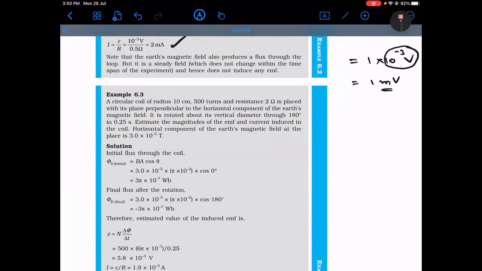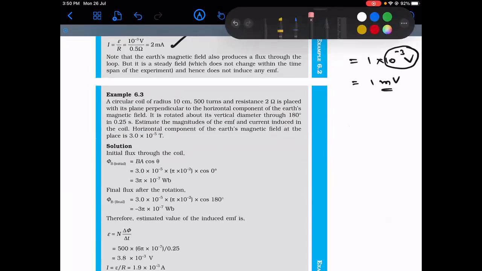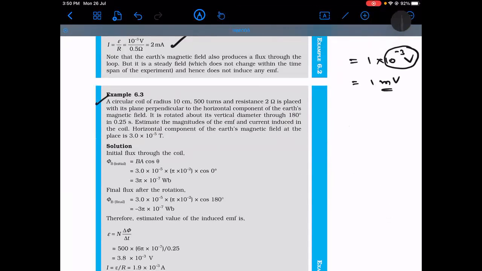Now see. There is a circular coil of radius 10 centimeter. So radius is 10 into 10 power minus 2 meter. And it has 500 turns. Resistance is 2 ohm.